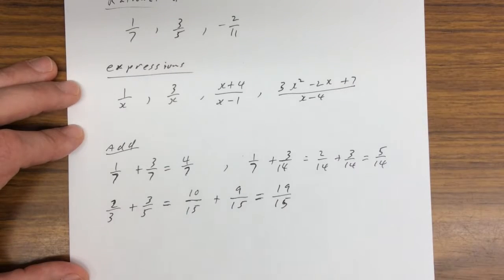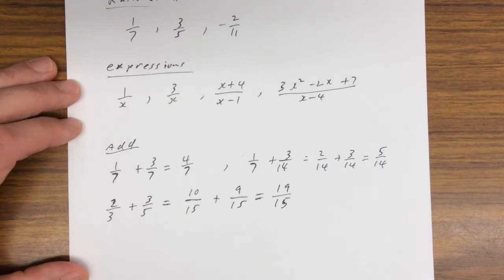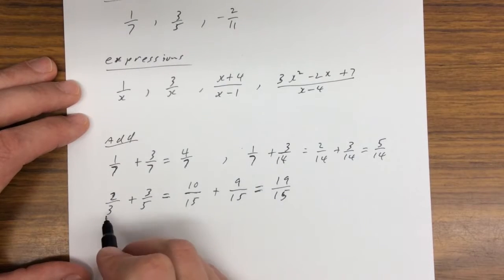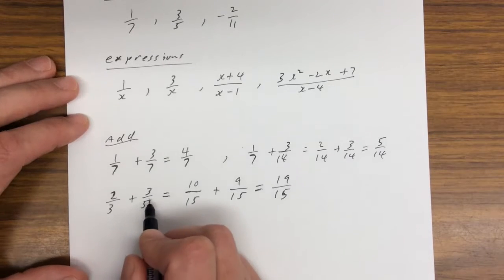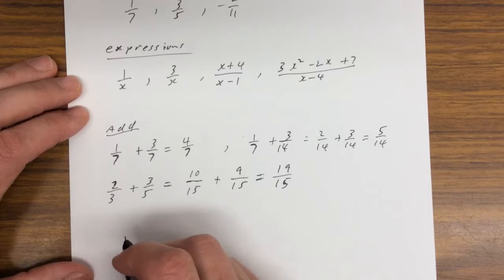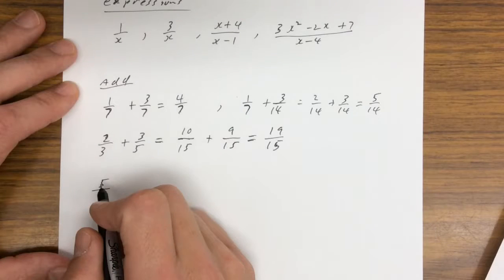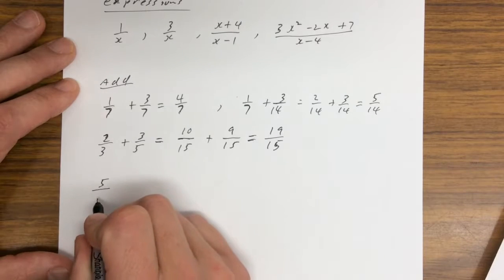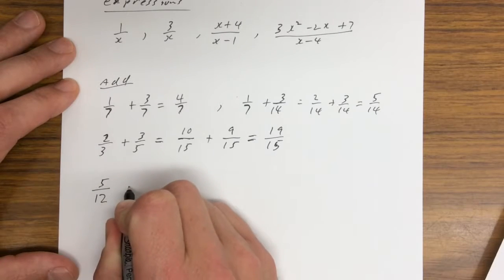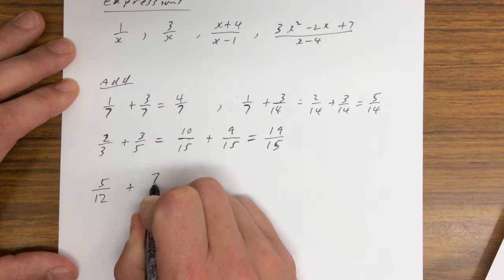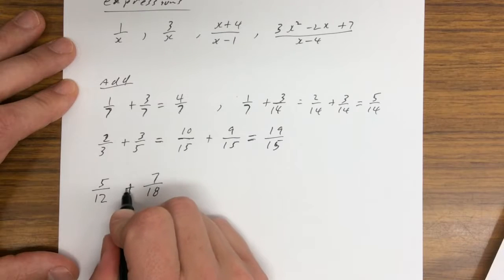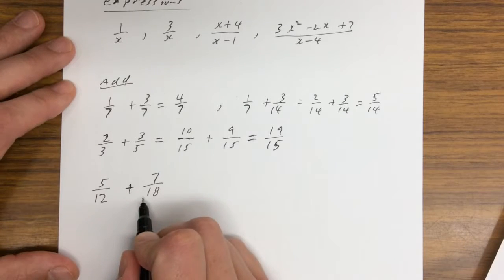Now what if you had something where you could do better than just multiplying these together? Let's think of something here. How about 5 over, let's say, 12 plus 7 over 18. Well, in this case, we could multiply the 12 times 18 and get a common denominator.